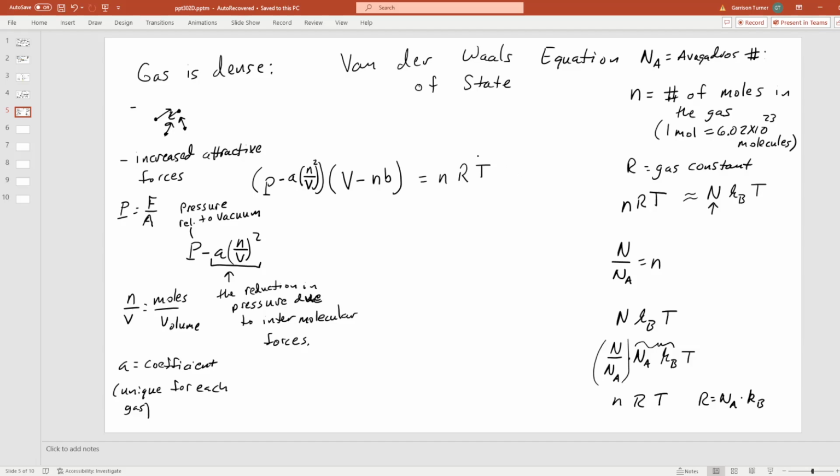And b, so you can think of b as the volume per molecule. Well, technically volume per mole. Okay, and then of course n is the number of moles.